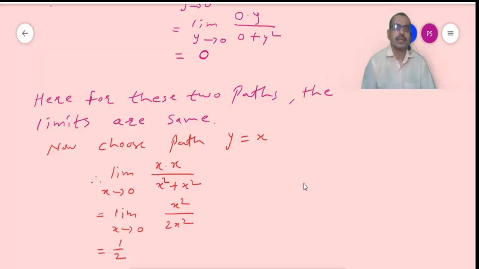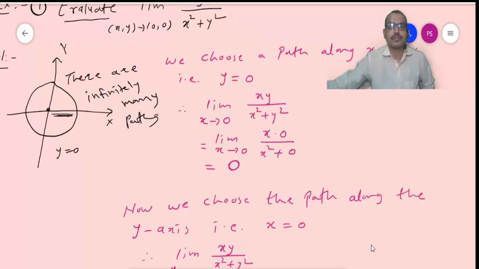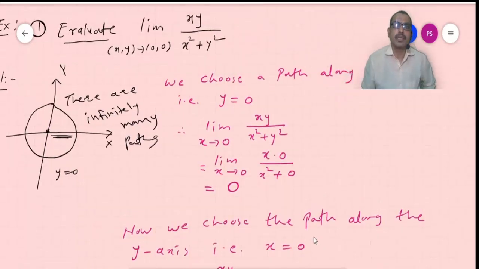In first part, the value of the limit is 0. In second part, the value of the limit is also 0. But in third part, for y is equal to x, the value of the limit is 1/2. In this example, we choose different paths. The values of the limits are different. So here the limit does not exist.